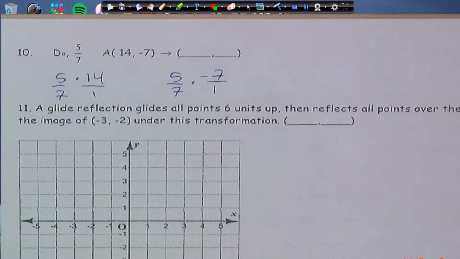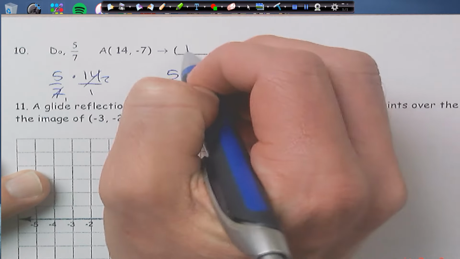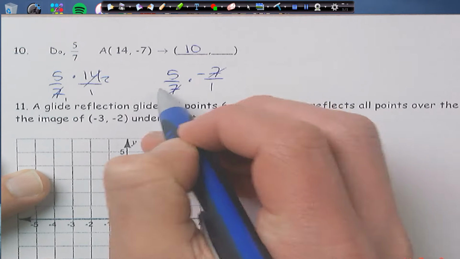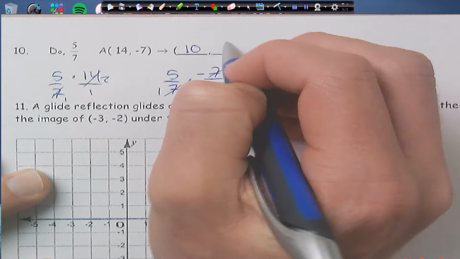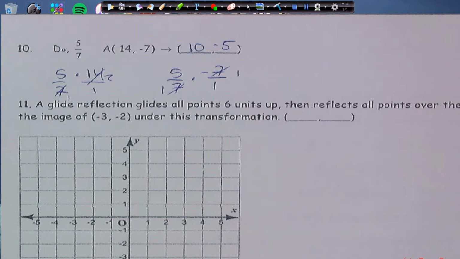And what happens when I multiply this, I see that 7 and 14 are going to cross cancel. That's going to become 1 over 2. 5 times 2 is 10. 7 and 7 go into each other 1 each. 5 times negative 1 is a negative 5. So that's as simple as we can go for that.